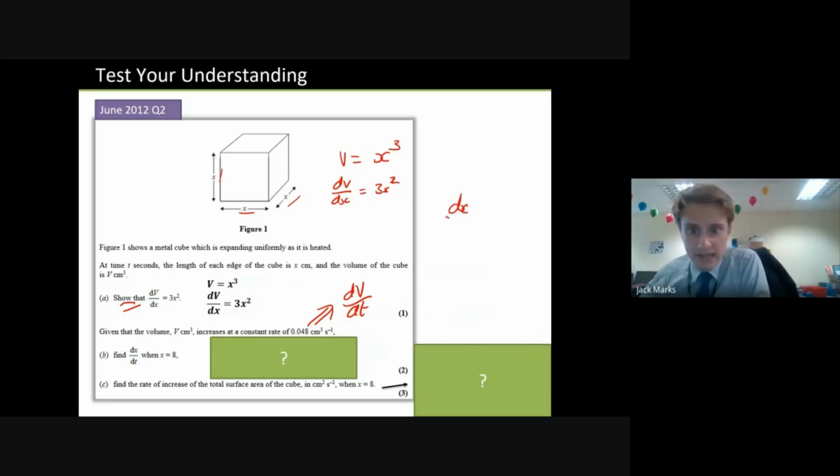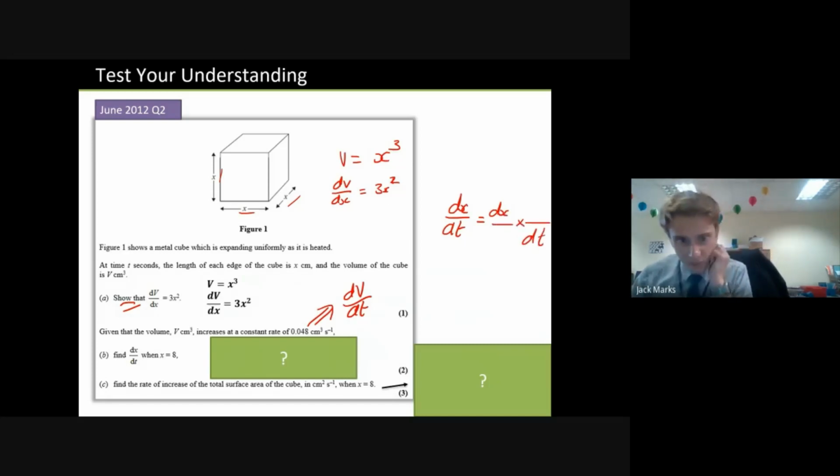Well, let's write out dx/dt. So there has to be an x there and a t there. Do these work? dV/dt, we could use that one there. If we use dV/dt there, we'd need another dV here, wouldn't we? dx/dV.